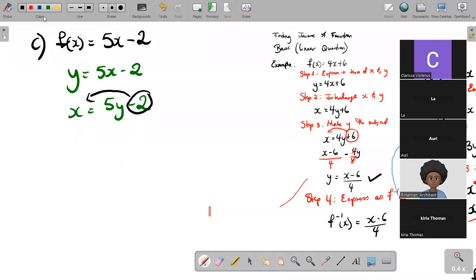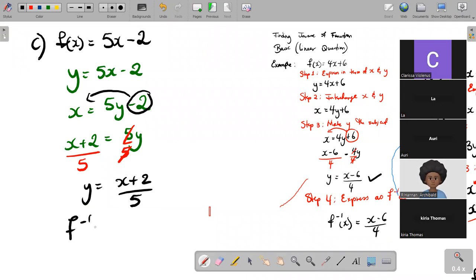So we're going to end up with x plus 2 is equal to 5y. Going to divide by 5 on both sides, so this and this are going to cancel. So that means y is equal to x plus 2 over 5. So that means f inverse of x is equal to x plus 2 over 5.